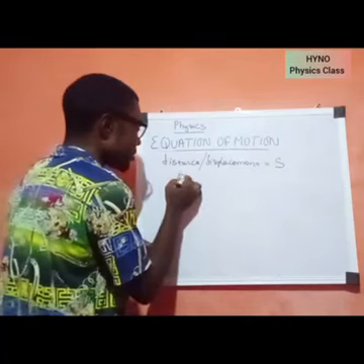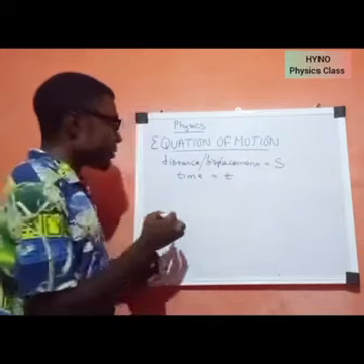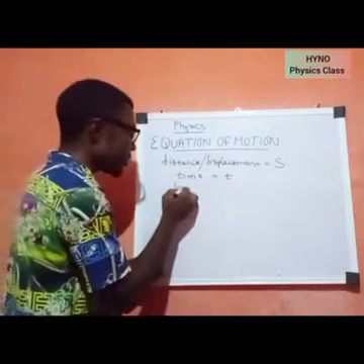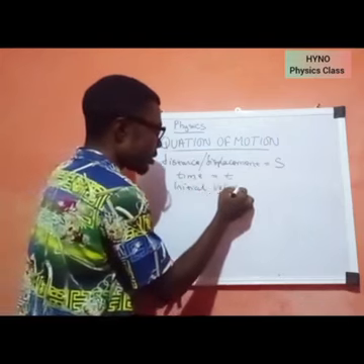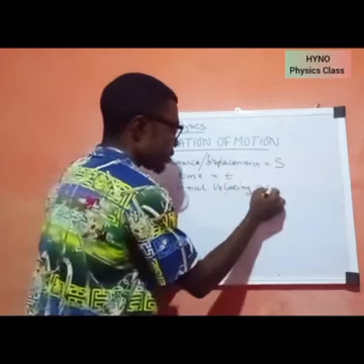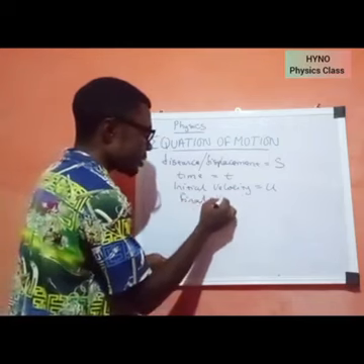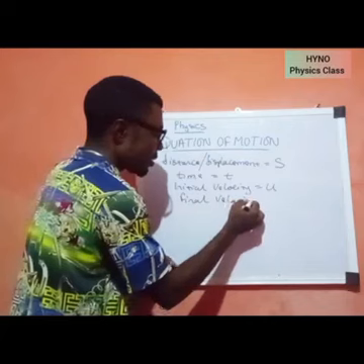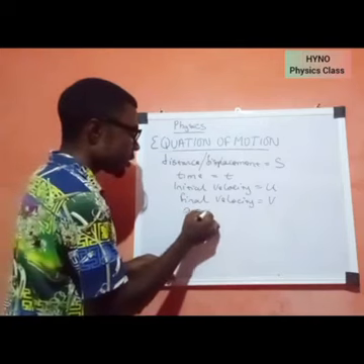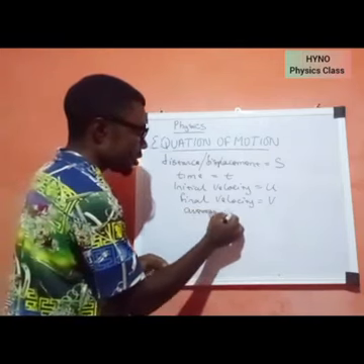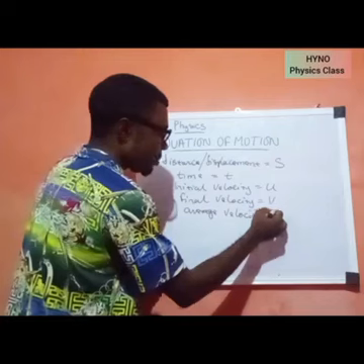We have time represented with T. We have velocity, initial velocity, commonly represented with U. Final velocity, represented with V. Average velocity, represented with V bar.